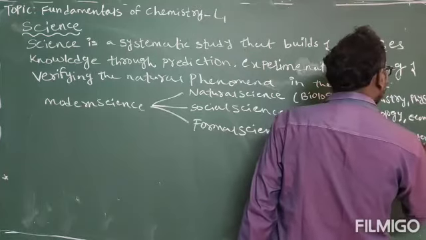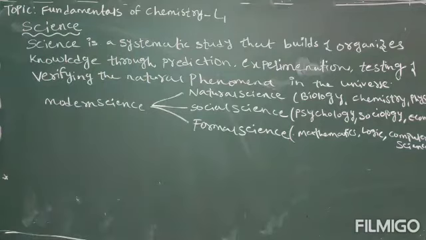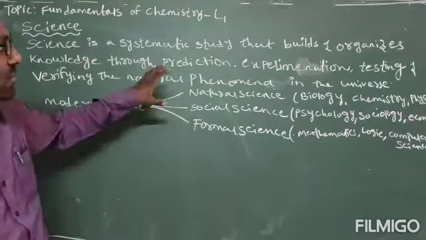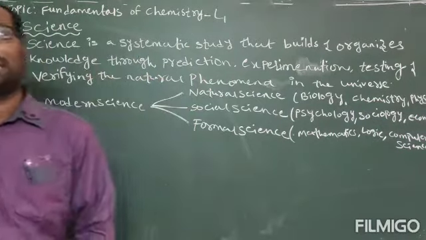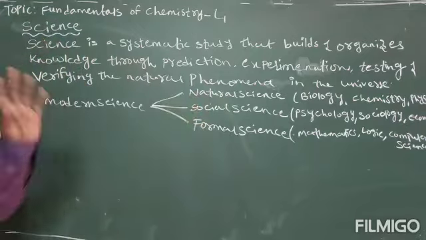So these are the formal sciences. Okay, so this is the major concept regarding science. Modern science is natural science, social science and formal science.